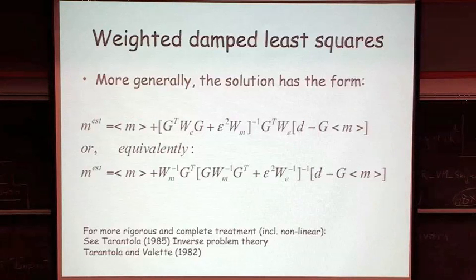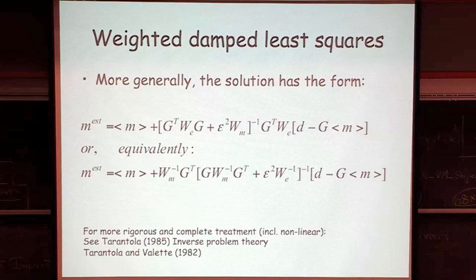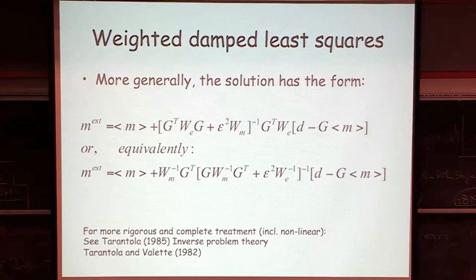And more generally, I'm not going to get into the details, but you can write the solution. You can also include weights on both the model parameters and the data, and you get an expression like this. Let's not worry about it too much. If you are really interested, you should read the paper by Tarantola and Valette, 1982, or the book by Tarantola, 1985, Inverse Problem Theory, which includes a very detailed and rigorous discussion of nonlinear problems, because most of the problems we're looking at are initially nonlinear, and in order to cast them in this format, you have to first linearize them.